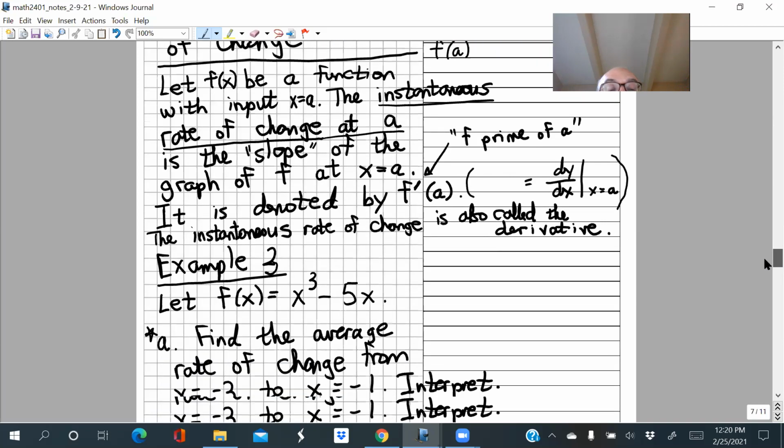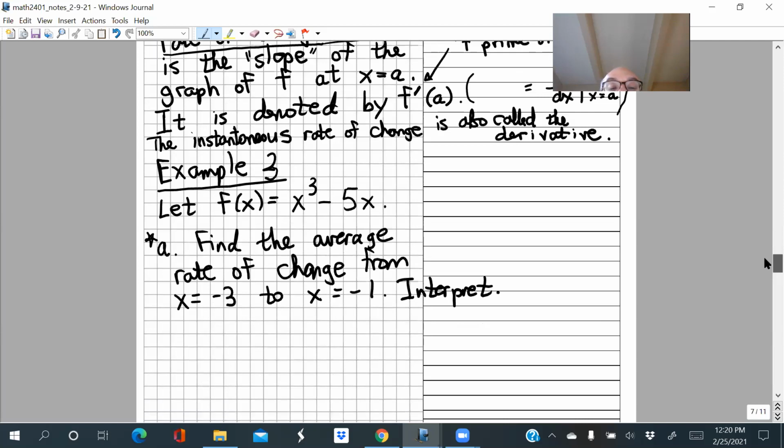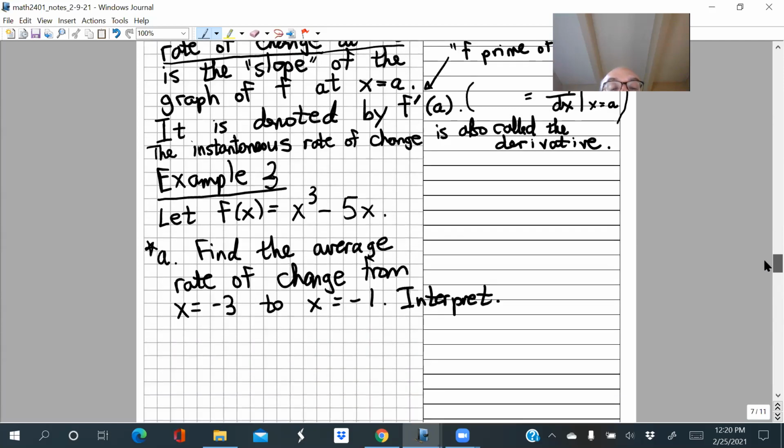All right, let's try another. Let's do this very simple thing to start with. This is not instantaneous rate of change. Here we have this function, f of x is x cubed minus 5x.